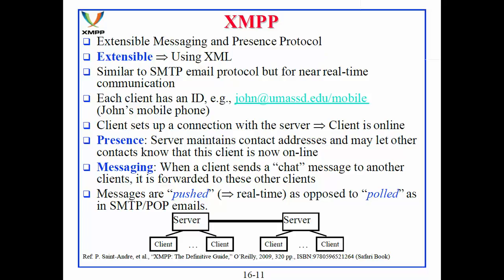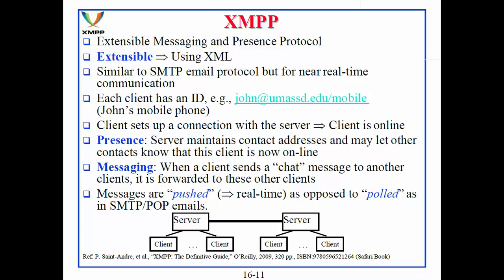So it responds quickly, basically in near real time. Each client has an ID, and this particular one is the ID of a person's mobile phone. So basically, the ID is tied to a particular device.